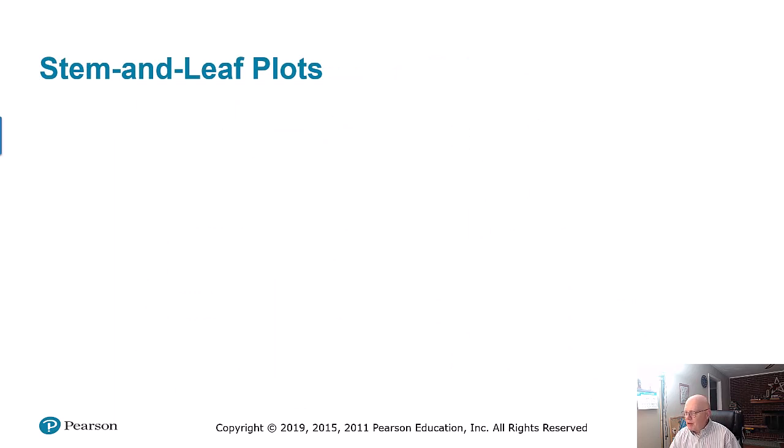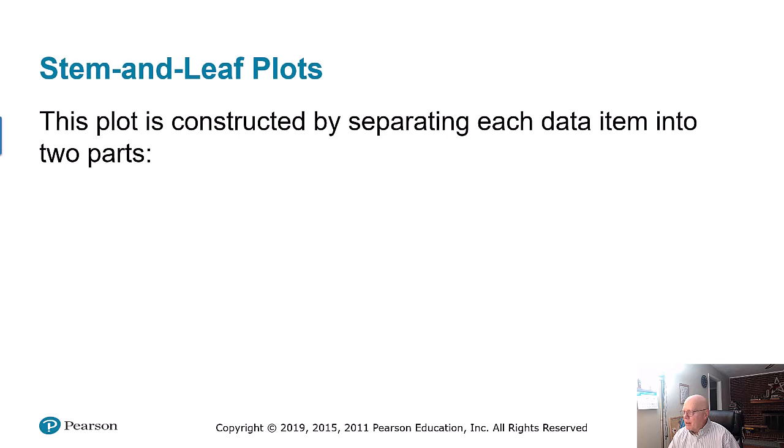Next, stem and leaf plots. Nice and simple, not too hard to make, and it's easy to get a picture of what the data looks like. What we do here is separate each data item into 2 parts. So for example, just to get started, suppose you have the number 58.